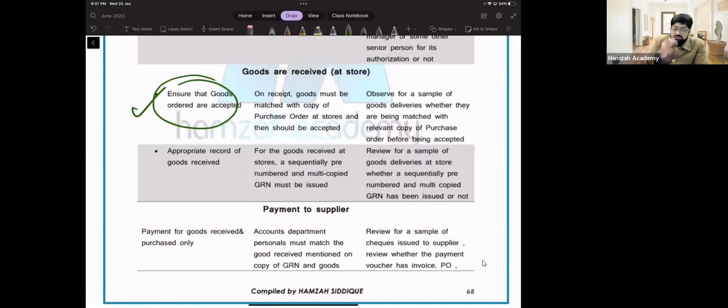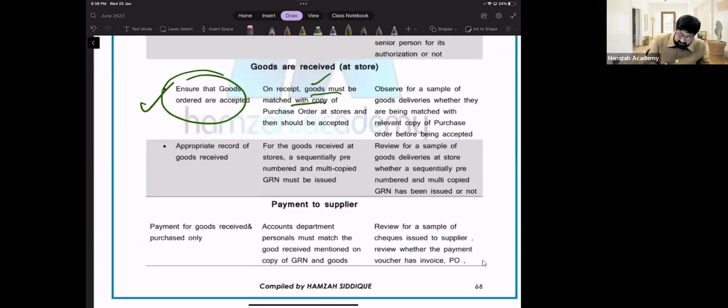Ensure that goods ordered are accepted. What we ordered? So now purchase order copy is already at store, right? Compare when the goods are received, compare with that, what was ordered. Then accept it. Got the idea? Copy of purchase order, use, you see?